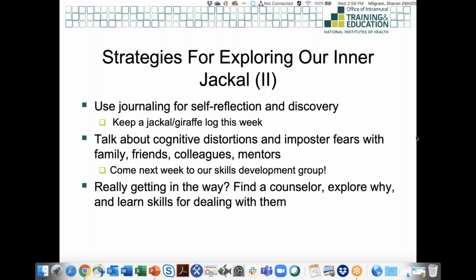For some people, we understand this material and we find strategies on our own that largely work, right? Not to say it's ever perfect. Sometimes we get caught in our inner jackal, but we generally have ways of softening the jackal and bringing up the giraffe.